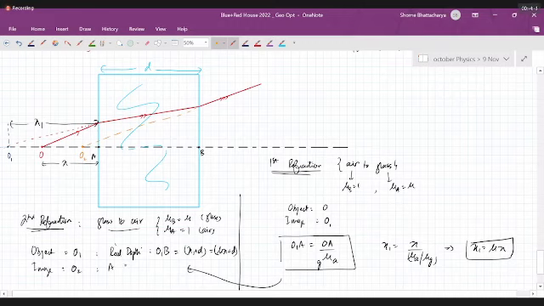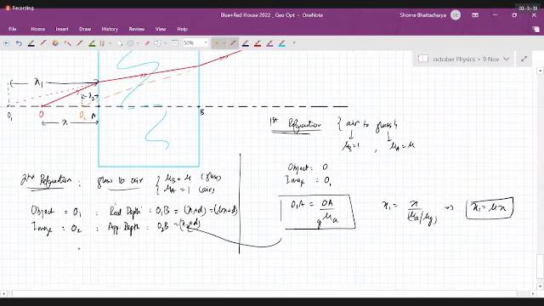So the apparent depth is O2B. Let's take that as x2 plus d.